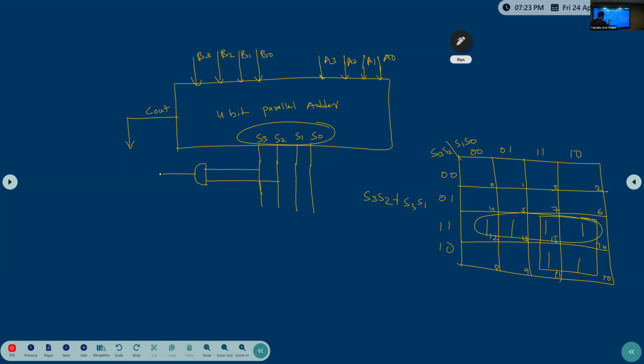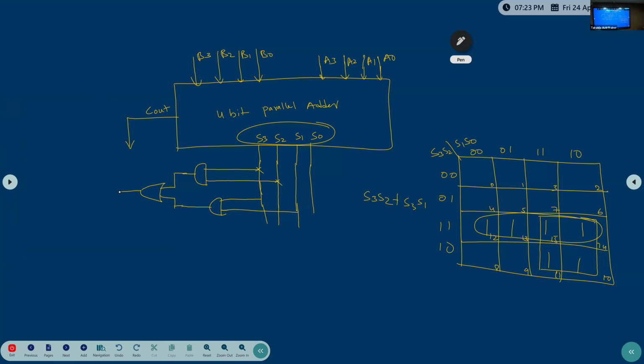Then again S3, then S1, this is also conjugate. Clear? Both of these I need to give to the OR gate. Clear? Any questions here?